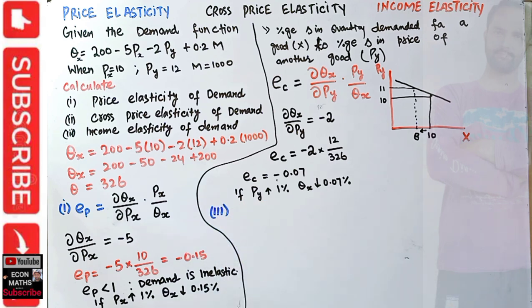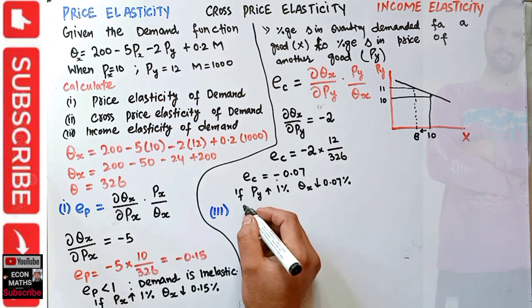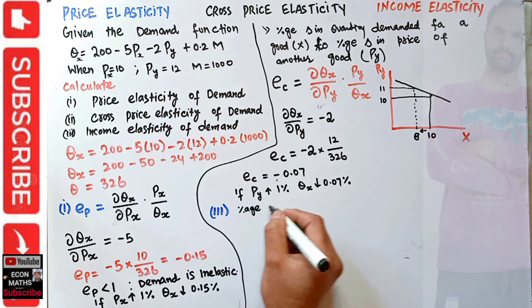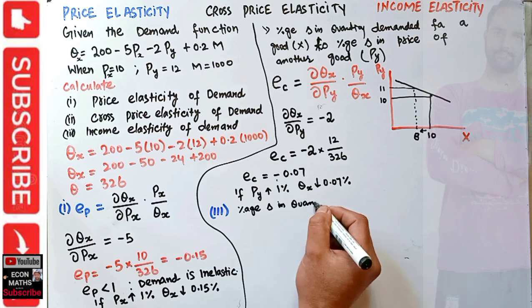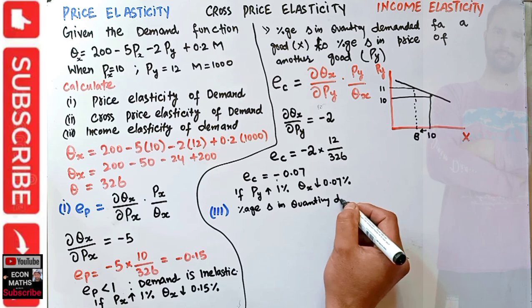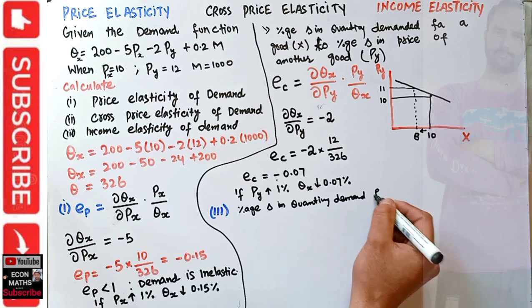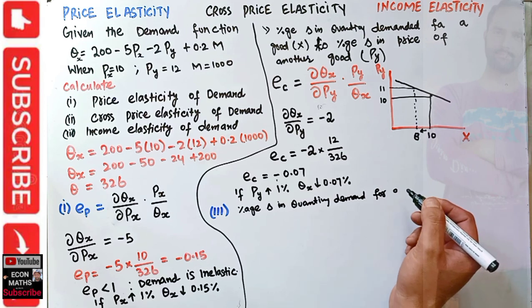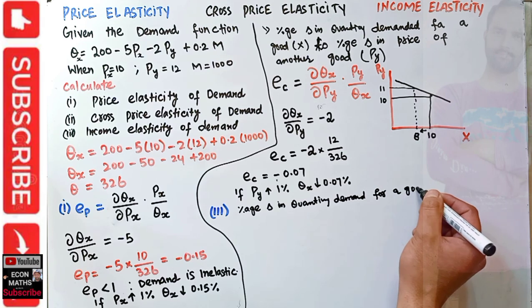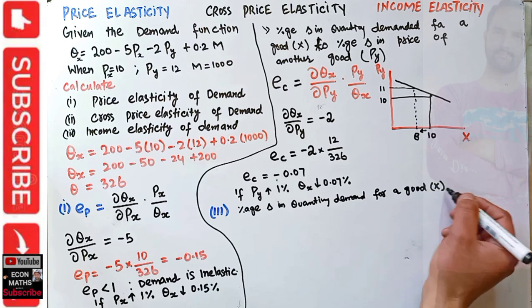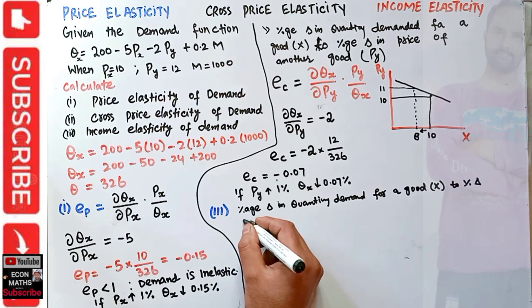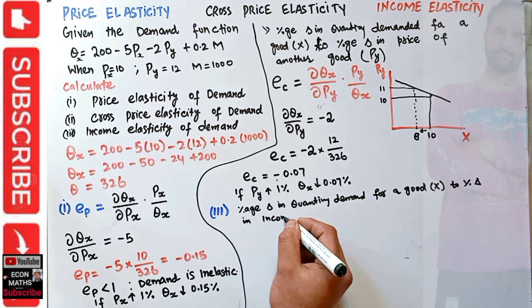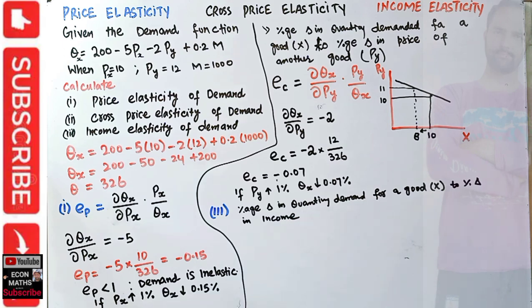Okay, and by income elasticity of demand what we mean, and let me write it here, we mean percentage change in quantity demanded for a good, in this case it is x, to percentage change in income, holding other things constant.